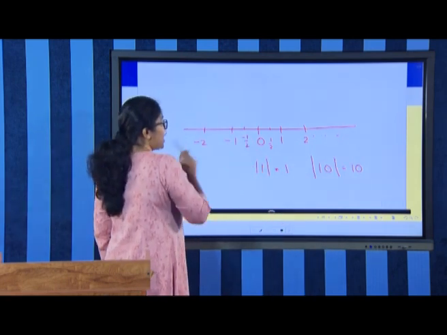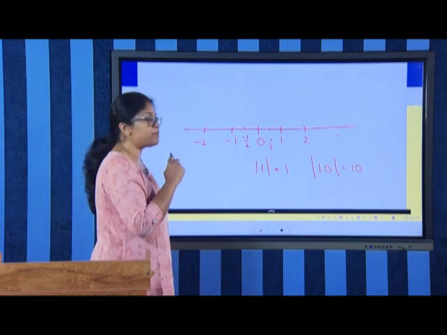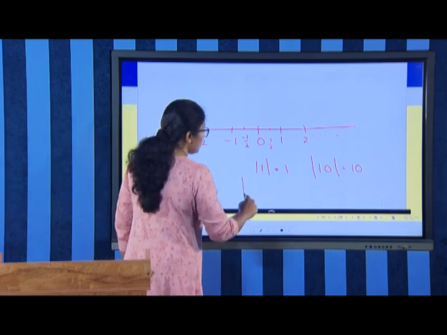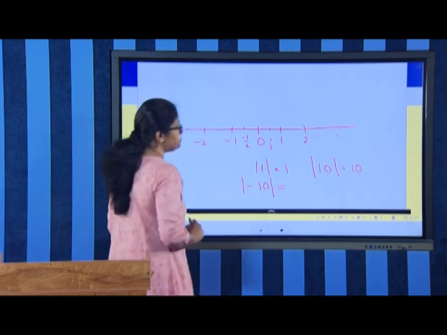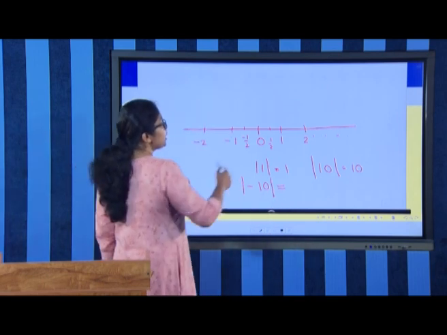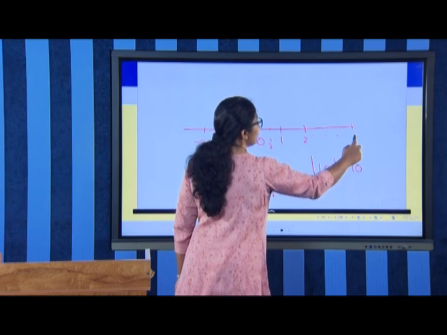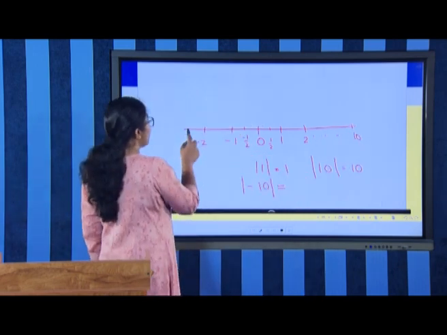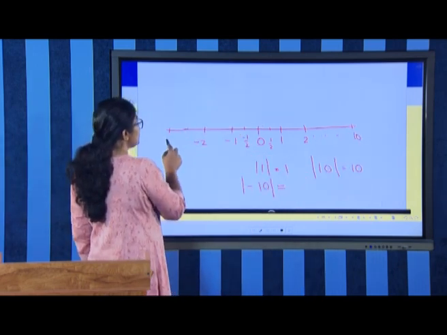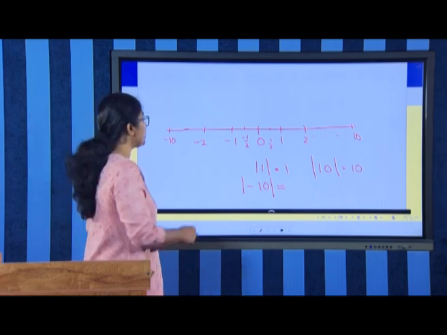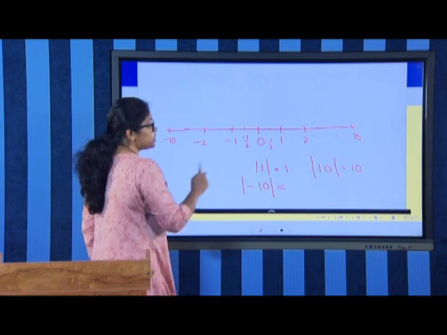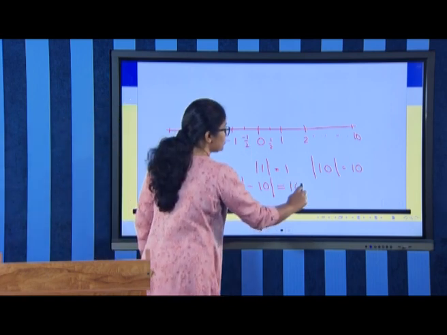And on the other hand, to find the modulus of negative 10, we can see that if you have 10 somewhere here, you have negative 10 exactly at the same distance towards the left side of 0. So, the distance is nothing but 10 itself, because distance cannot be taken as a negative value.